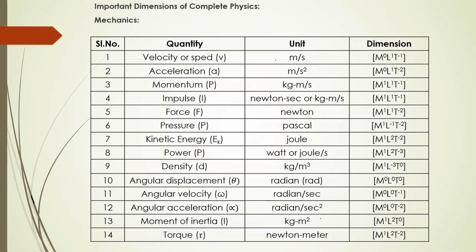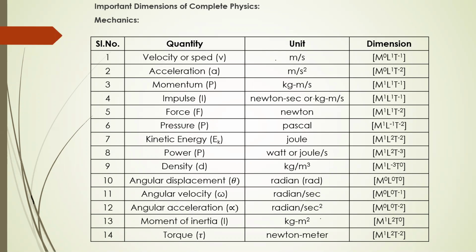In physics we take many dimensional formulas. The first one is velocity or speed. The unit is meter per second.